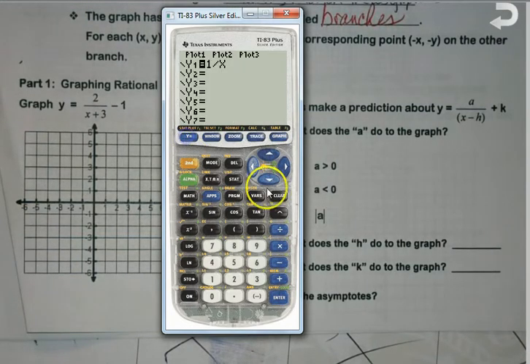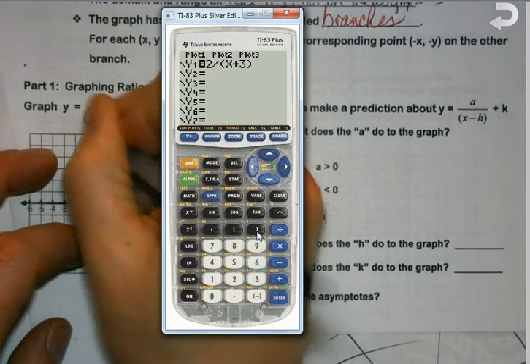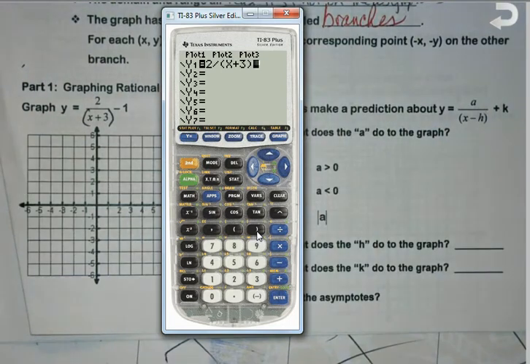Now let's kind of keep this first one in mind. So we got 2 divided by, notice I'm putting parentheses with my x plus 3. Anytime you have a binomial term, anything with a plus or a minus, especially if you're putting it in the calculator, you've got to have the parentheses or you will not get the graph that you're looking for.